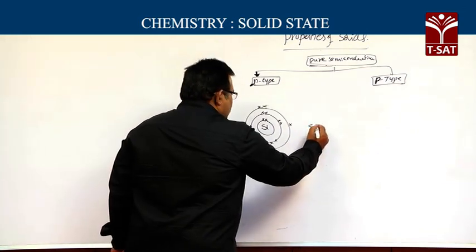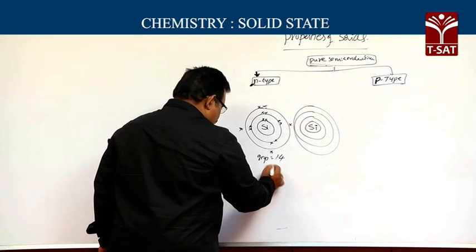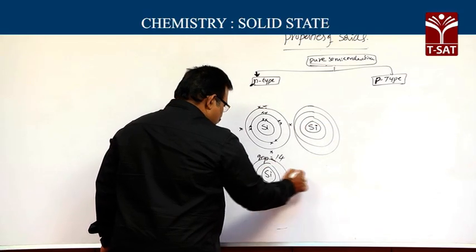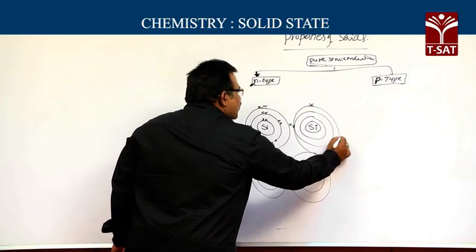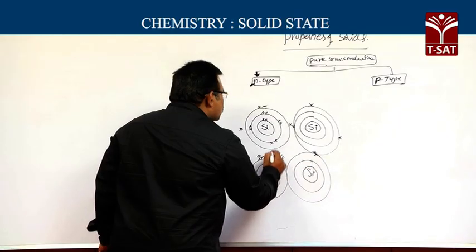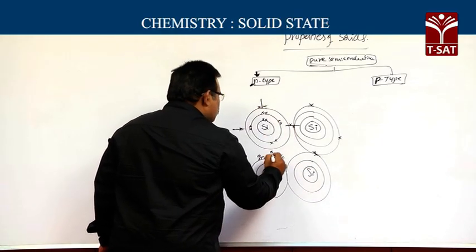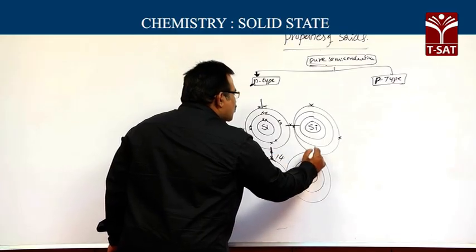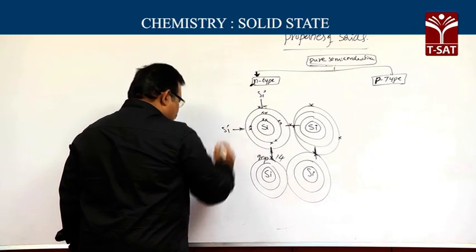This is another silicon atom, this is the 3rd silicon atom, this is the 4th silicon atom. Due to the valency electrons, they form one bond here, one bond here, one bond here, one bond here. Some other silicon atoms are also present.